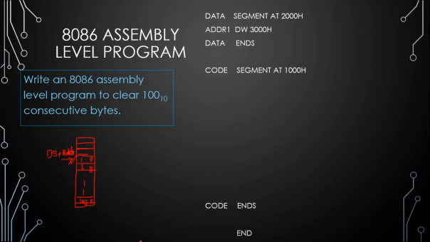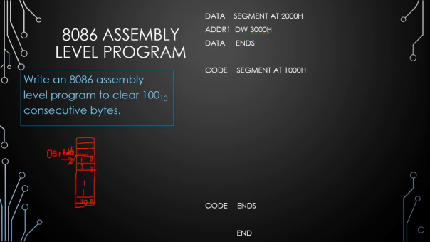We require only one address to be mentioned, so that address is given. The name of that address is taken as address 1, defining a word address, because the address chosen has how many bytes? This represents 8 bits and this represents another 8 bits.